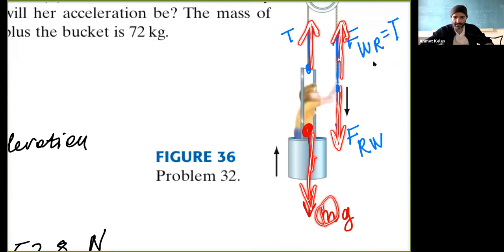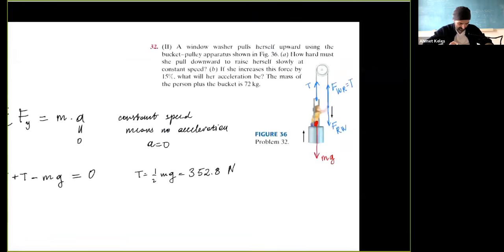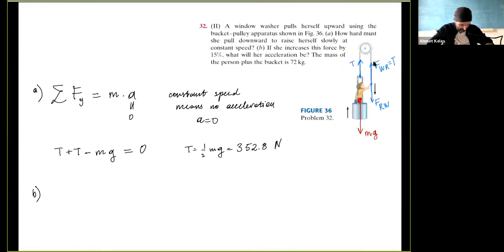There's nothing she can do about this. Then let's put these equations. So 15% means 0.115 T. So this one increased, plus 0.115 T. This one also increased.